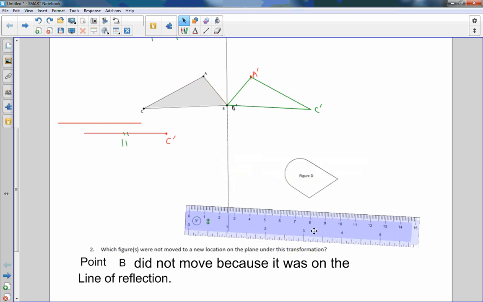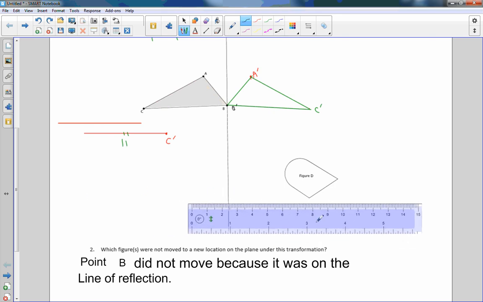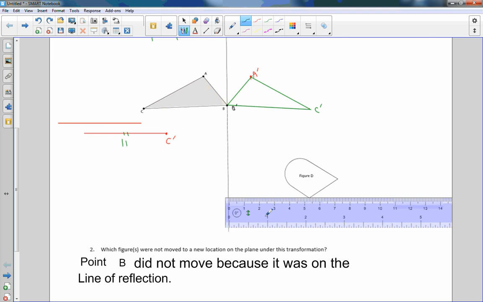Okay, so now we're going to do figure D. Well, that's going to be really difficult to do because we only have 2 vertices to measure. If I were to measure over to here and then over to here again, I will do that just to get a location, and I'll show you how I'm going to do this. I'm going to put 0 right on that line and make sure that they line up so it's perpendicular. Right there.